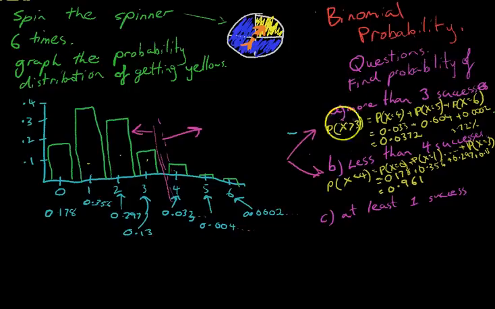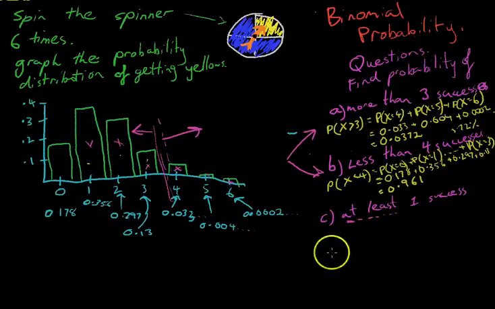That's the major upshot. That's important news for us, because if we get a question like this, and you'll see this very often with this at least thing, it makes our life very simple, because a lot of people are going to be tempted to say, okay, I need the probability of at least one success. So that's the probability of this plus this plus this plus this plus this plus this.